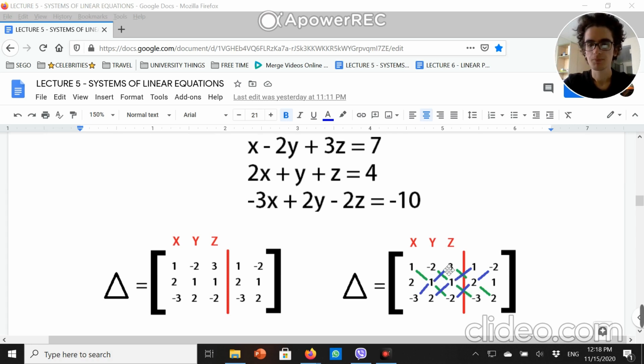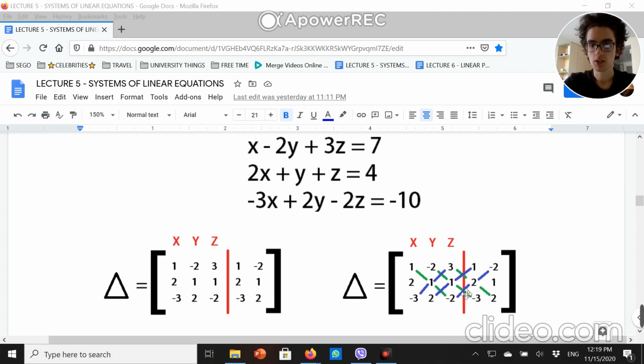Then we go here, 3 times 2 times 2. And we don't go any further. Why? Because to apply Sarrus's rule, we need to have three numbers that we multiply. And this is exactly why I rewrote these two columns, so that we have the possibility to apply Sarrus's rule.